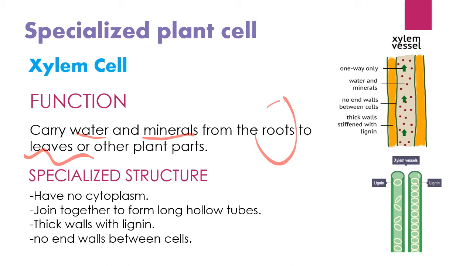Its structure: it has no cytoplasm. The xylem cells are joining together to form long hollow tubes. As you can see here, long hollow tubes, thick walls with lignin and no end walls between cells.